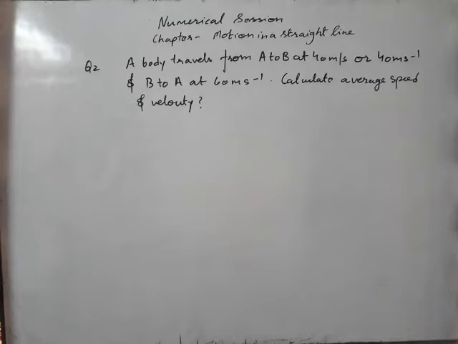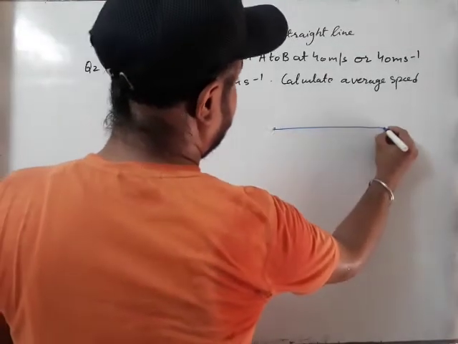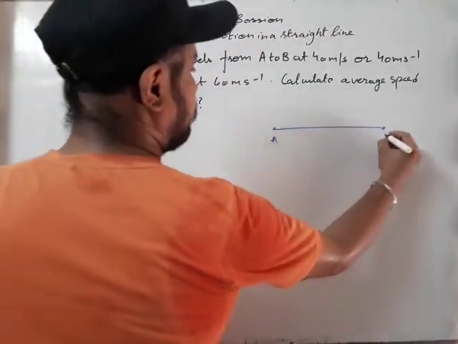Next is a question in which a body travels from A to B at 40 meter per second and B to A at 60 meter per second. We have to find average velocity and average speed for it. Now we will first show it diagrammatically.